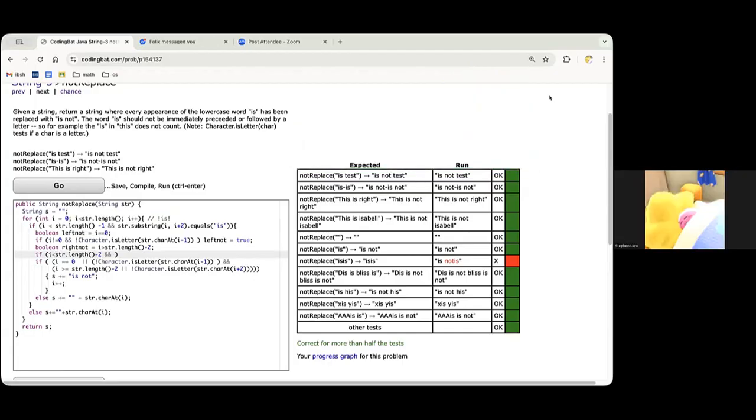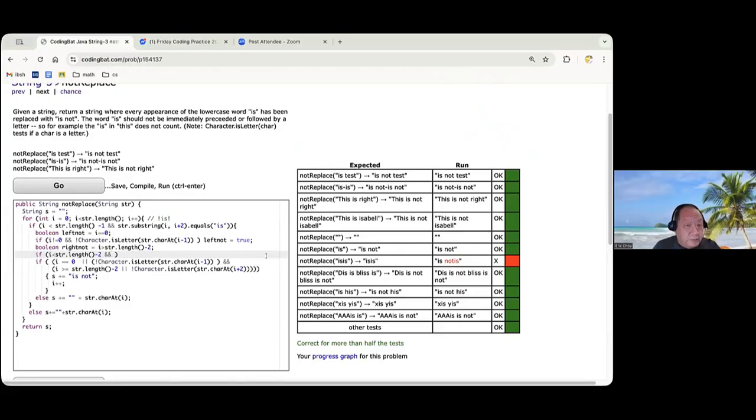So this one, you're not a character that is a letter, or str.charAt(I plus 2), then right not is actually equal to.